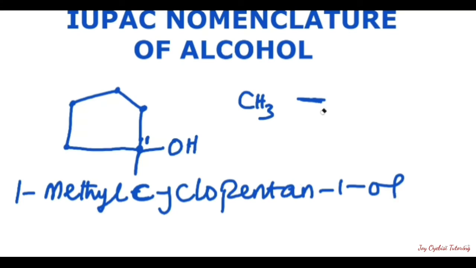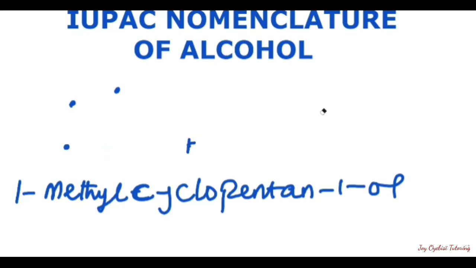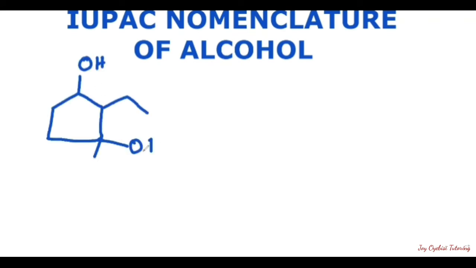All right, another example would be dihydric alcohol, the ones that have 2 OH in them. All right, now look at this compound. It has OH here and OH here, okay?